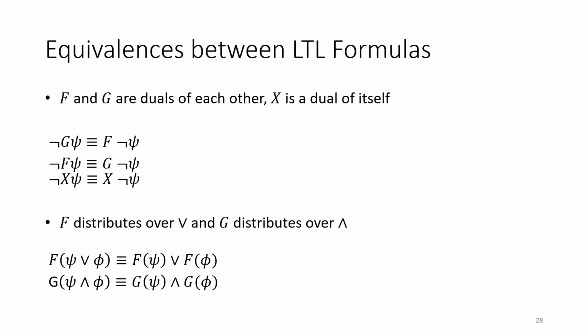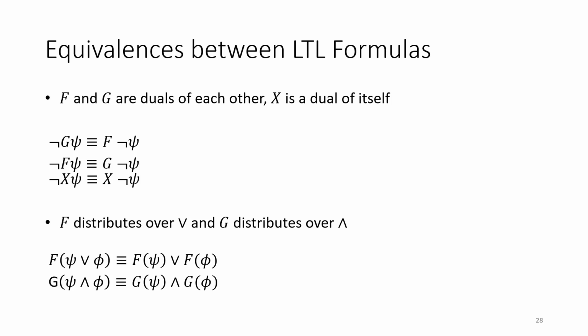The same works differently for globally, because for globally we need the and. If for every point in time we have psi and phi, that's the same as for every point in time we have psi, and also for every point in time we have phi.